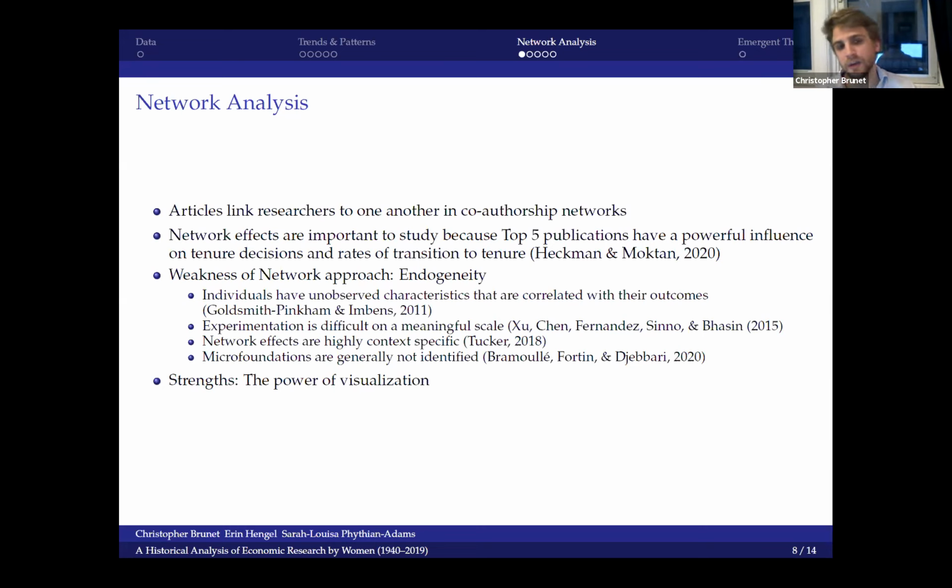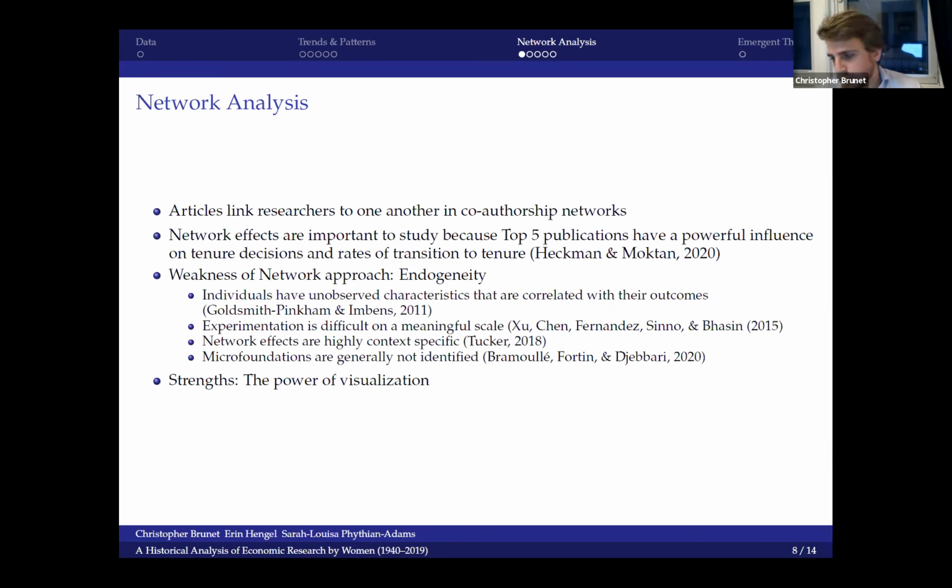Now, in the next couple slides, we're going to get into networks, and we're going to show you some networks. But we're careful not to say anything too definitive about causality, simply because the biggest weakness of a network approach in the network econometrics literature is endogeneity.